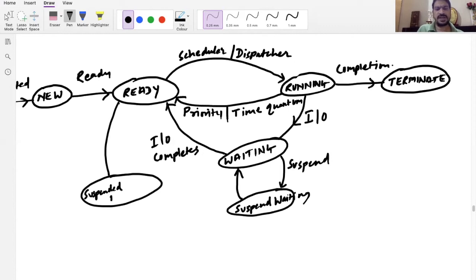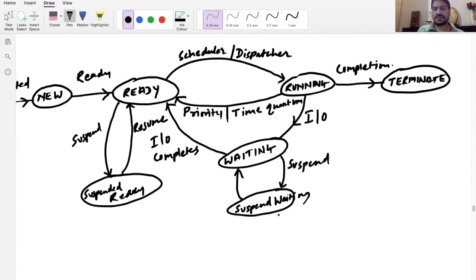That is called suspended ready, because it is in the ready state and you have taken it from the ready state to the suspended state due to, as I told you, some higher priority process coming in. So it will be suspended, and it can be resumed whenever there is a place for this particular process.